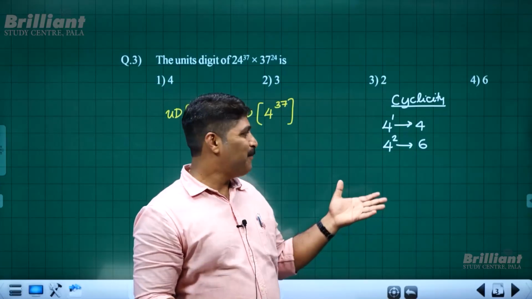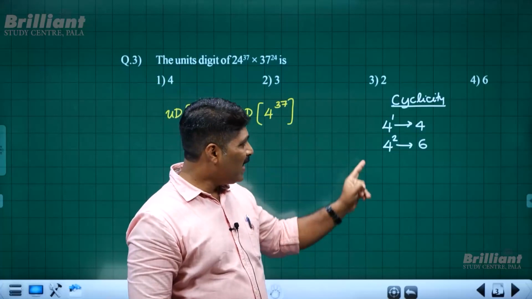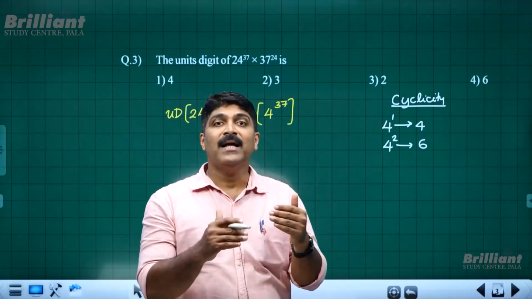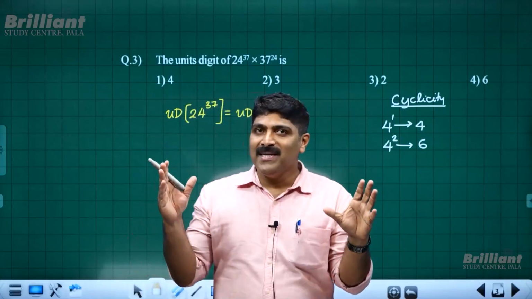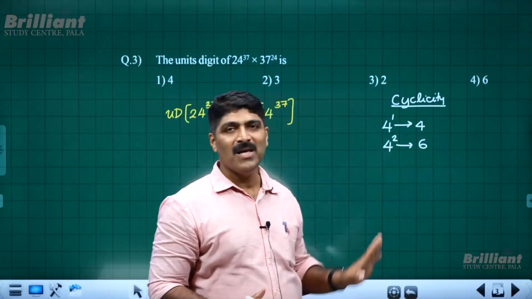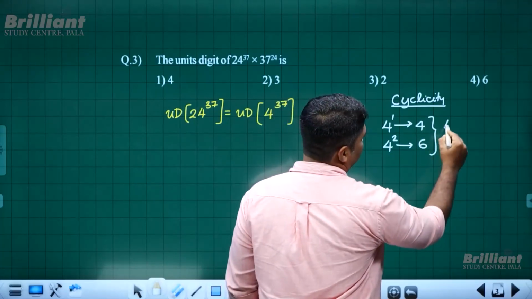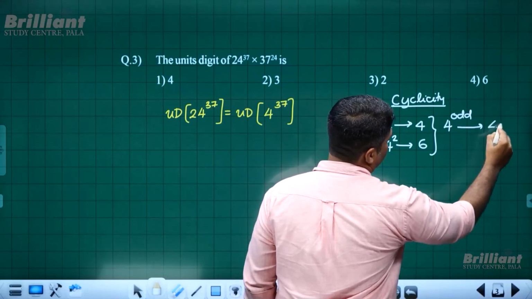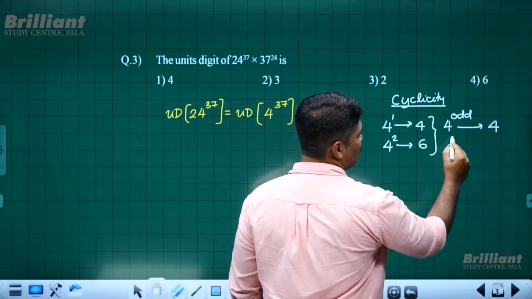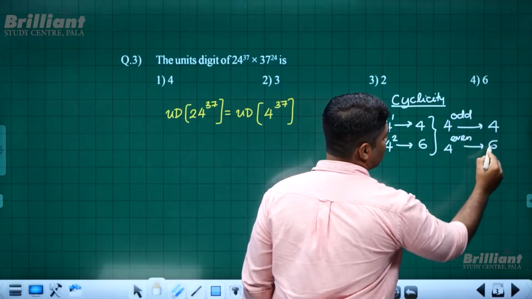So interestingly, there are two different unit digits. Whenever the exponent is an odd value, the unit digit is 4. If the exponent is even, the unit digit becomes 6. So we can conclude: 4 raised to an odd exponent, the unit digit is 4 itself; 4 raised to an even exponent, the unit digit is 6.